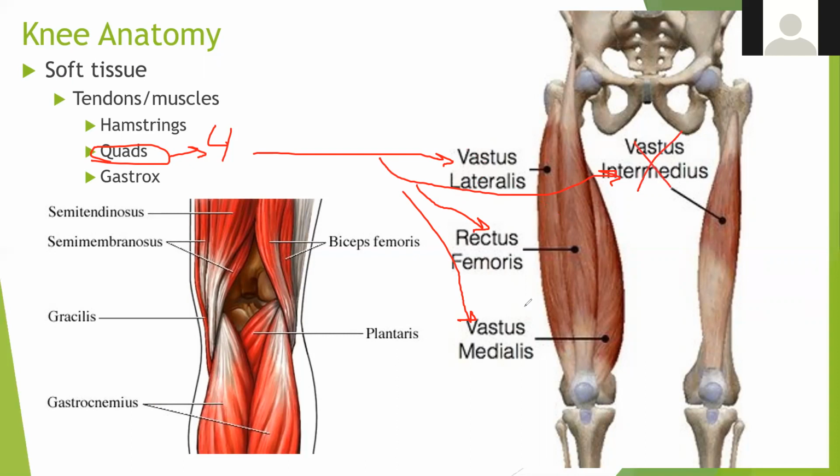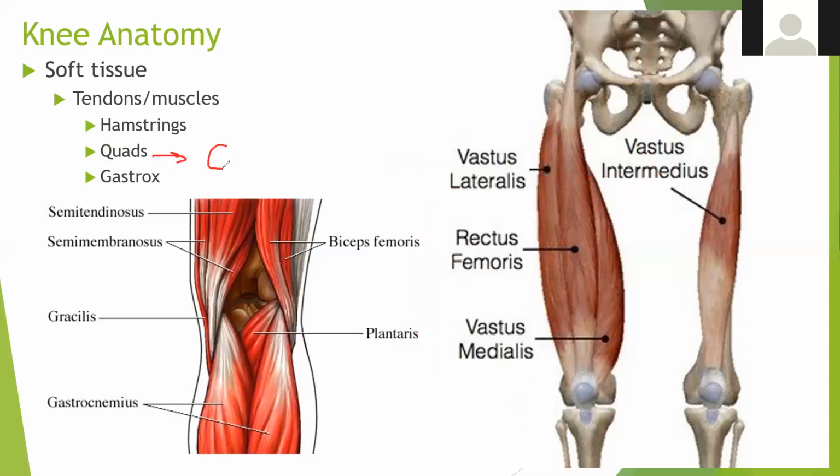It's underneath these three. So it's hidden. The only three that you'd be able to see are these three: vastus lateralis, medialis, rectus femoris. Their primary function is to extend the knee. It means it straightens your knee out. So your quads straighten your knee.